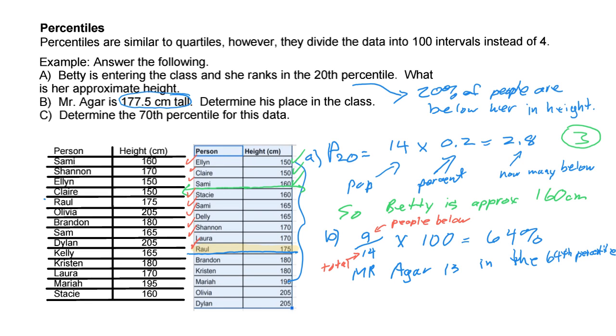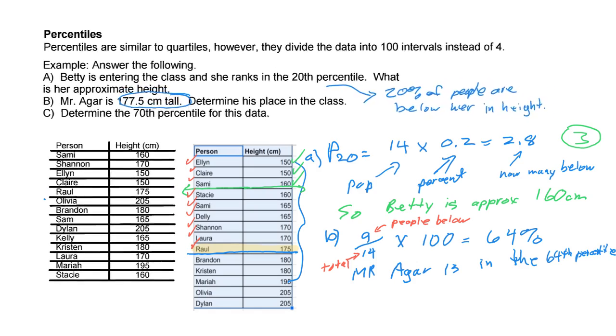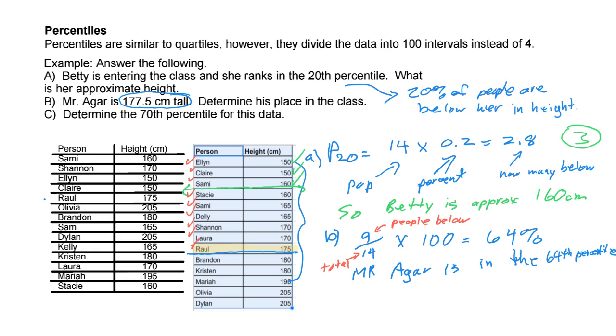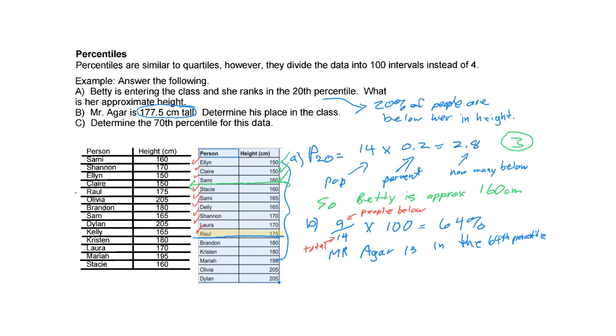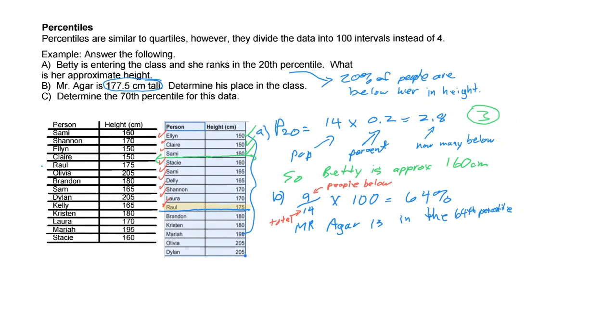Now, for part C, if I wanted to find the 70th percentile of my information, what we're going to do is figure out where 70% is.